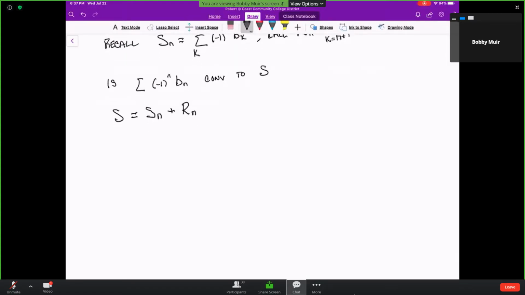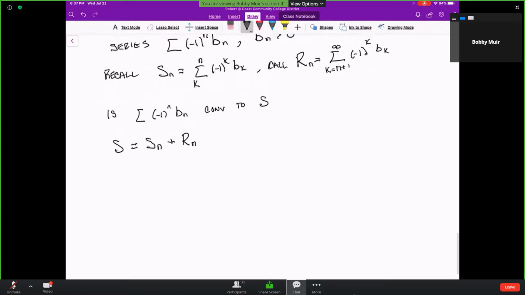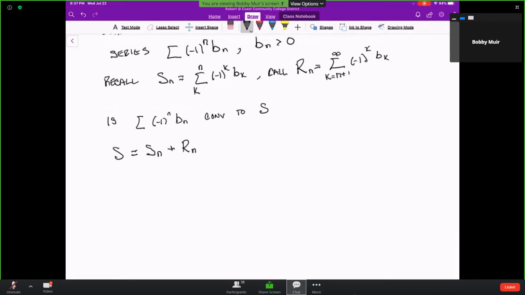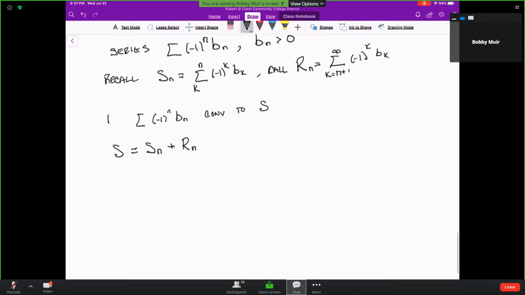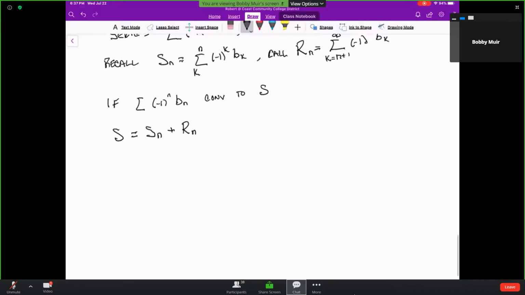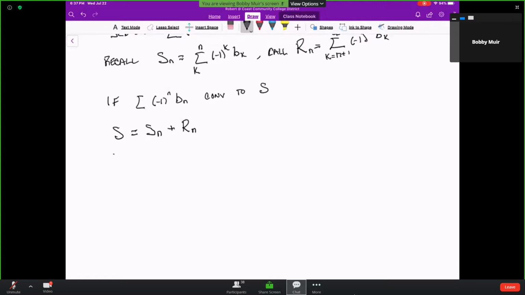If this thing converges to some S, then that's what we would have. So the remainder piece, R_n, is going to equal S minus S_n. So this is the error in the approximation.